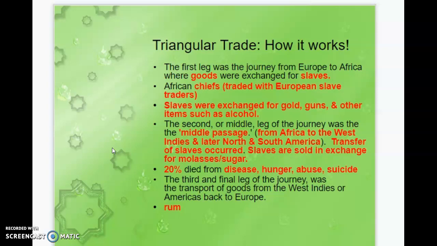So you can see here, slaves were exchanged for items such as gold, guns, and alcohol. So make sure this is going under your little b for the explanation.